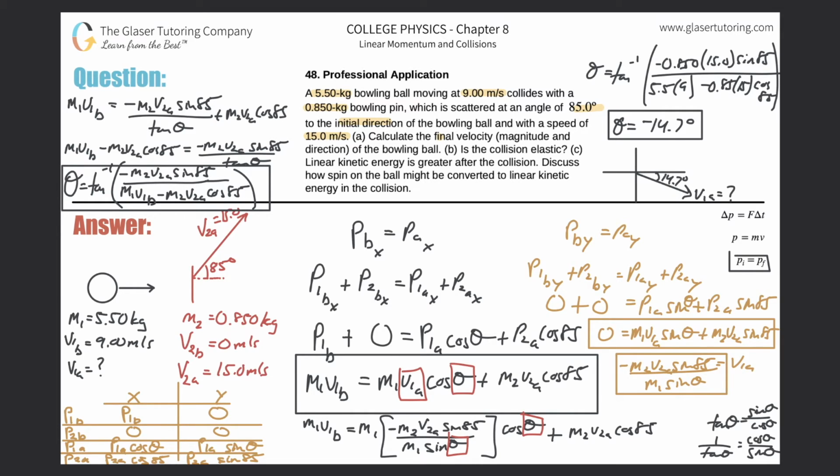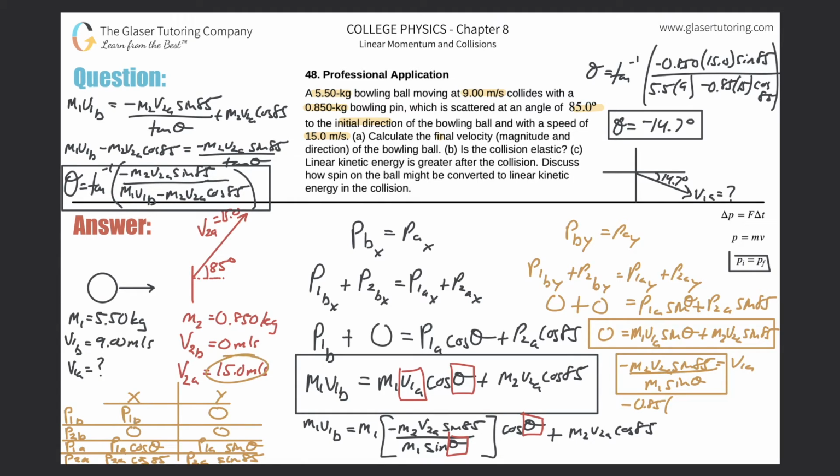Okay, so I'm probably going to just use this equation over here since I solved it already for V1A. I'm just going to plug the numbers into that one. Let me try to do that on the bottom right over here. I'll erase this tangent stuff, and let's see if I can squeeze it in. So negative M2, which was 0.85, times V2A.